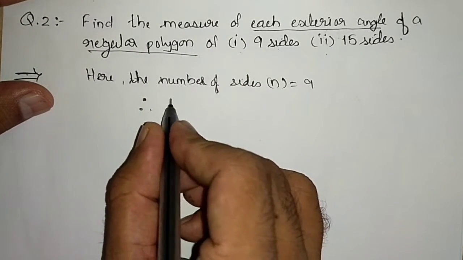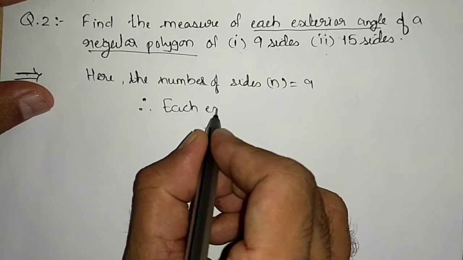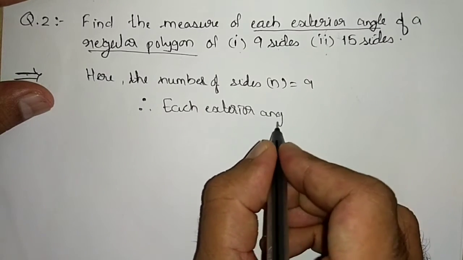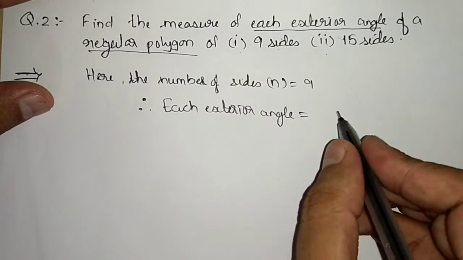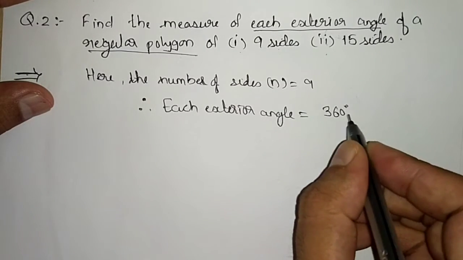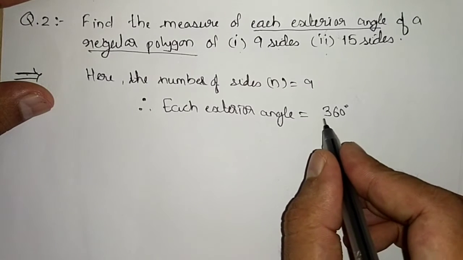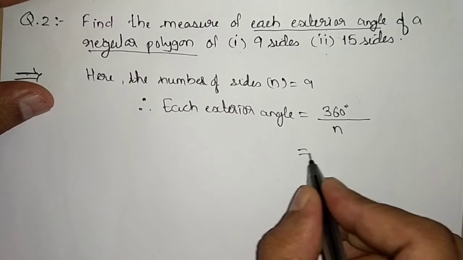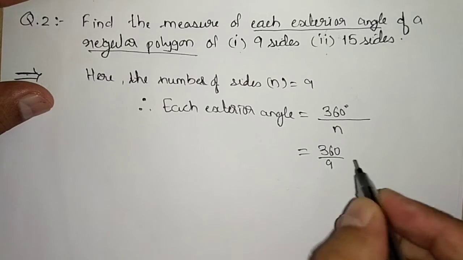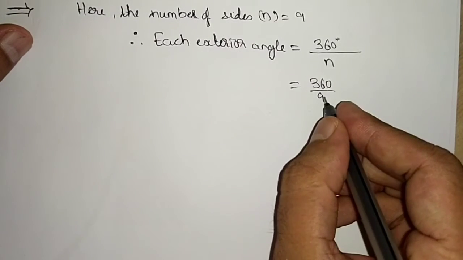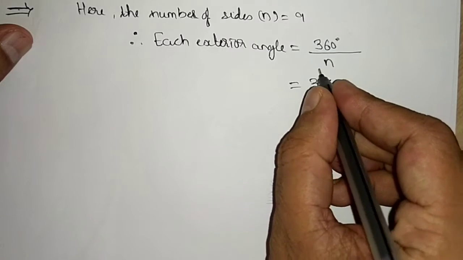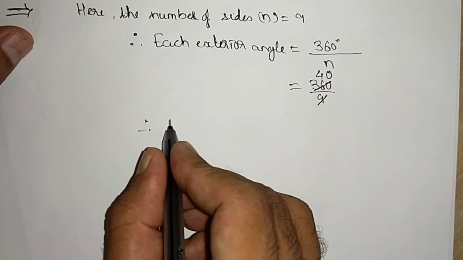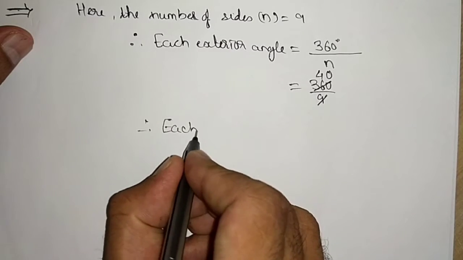Therefore each exterior angle is equal to 360 degree, because sum of all the exterior angle divided by number of side. So it will be 360 divided by 9, and you know in 9's table 36 is going 4s, so it will be 40.